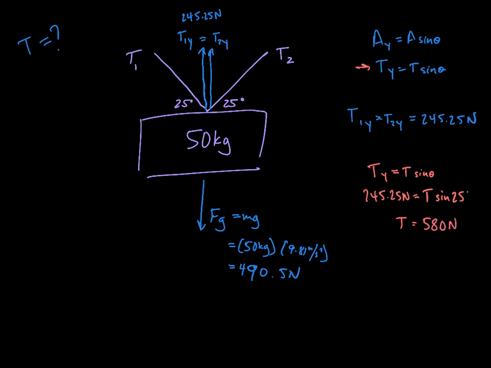There we go. That means each of these tension cables carrying a tension of 580 newtons, which is a lot. That's a lot of strain on those cables. Now, if you want to think about how you're going to reduce that tension, you're probably going to need to change the angle. So I'll leave that up to you guys to figure out how would you change the angle in order to accommodate for ease of tension in those cables. That's a follow-up for you guys.